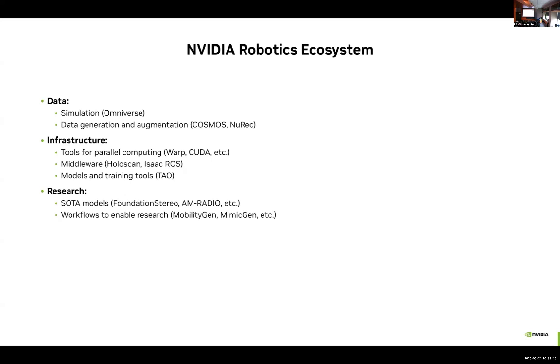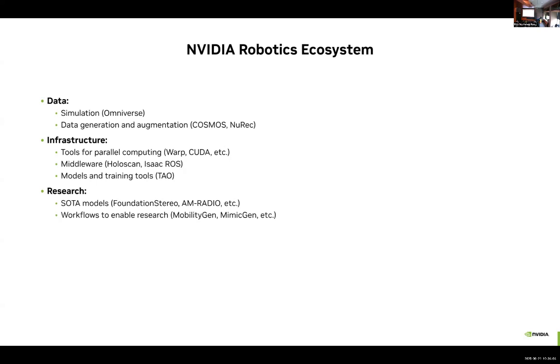Also middleware, we're supporting middleware so that it runs well on our hardware. So Holoscan, I'll introduce that, and Isaac ROS. We've been supporting Isaac ROS for a few years now. And then we also have tools to make training models easier, and also commercially licensable models.